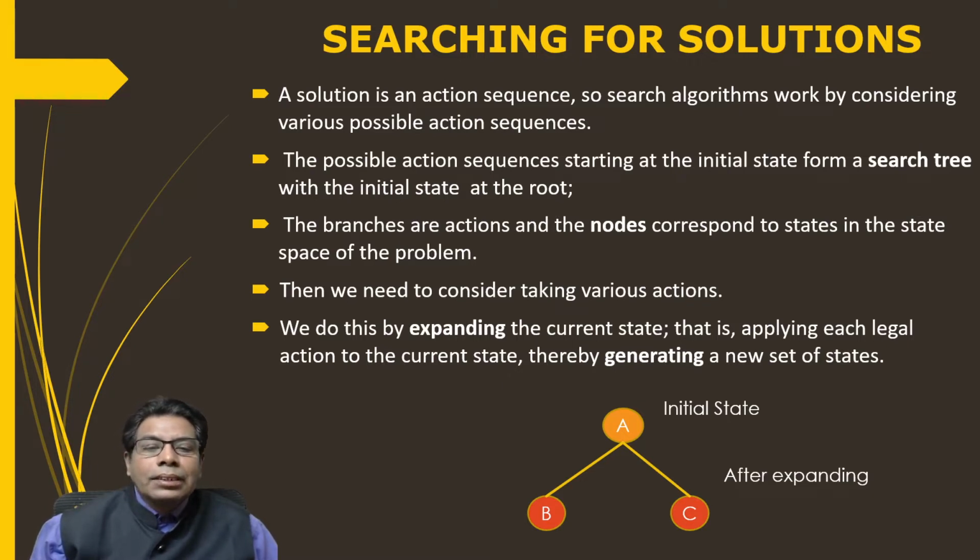So here you can see in the figure, we have the initial state, and after expanding, we'll have new states. Here A is the initial state, and B and C are the new states. Then after that, we'll expand the new states, that is B and C. Again, we'll get new states, maybe D and E. In this way, the searching will go on.